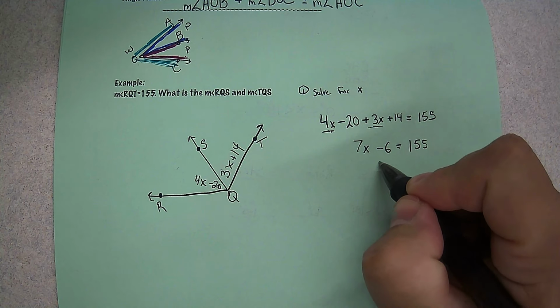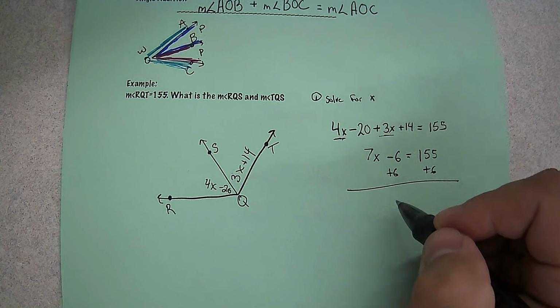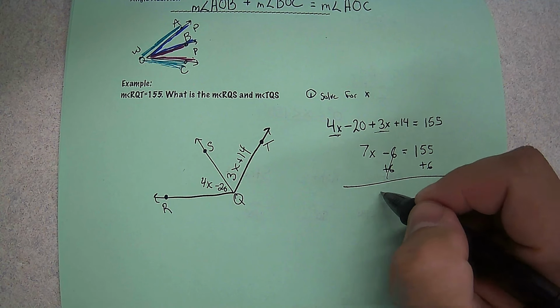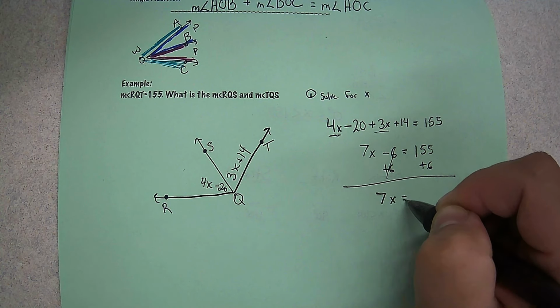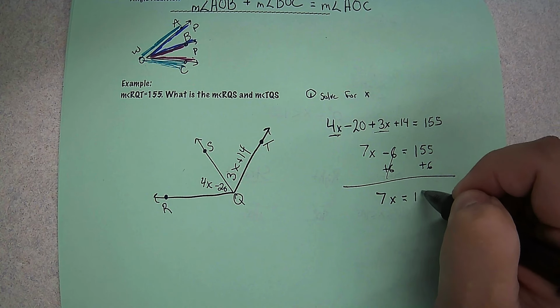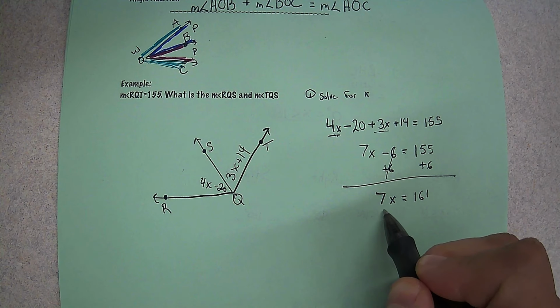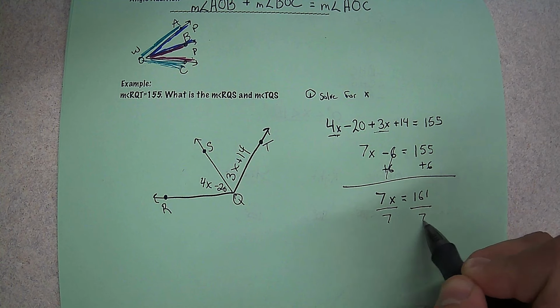Now we're going to add 6 to both sides. Those cancel out. We're left with 7x equals 155 plus 6 is 161. Then we divide both sides by 7.